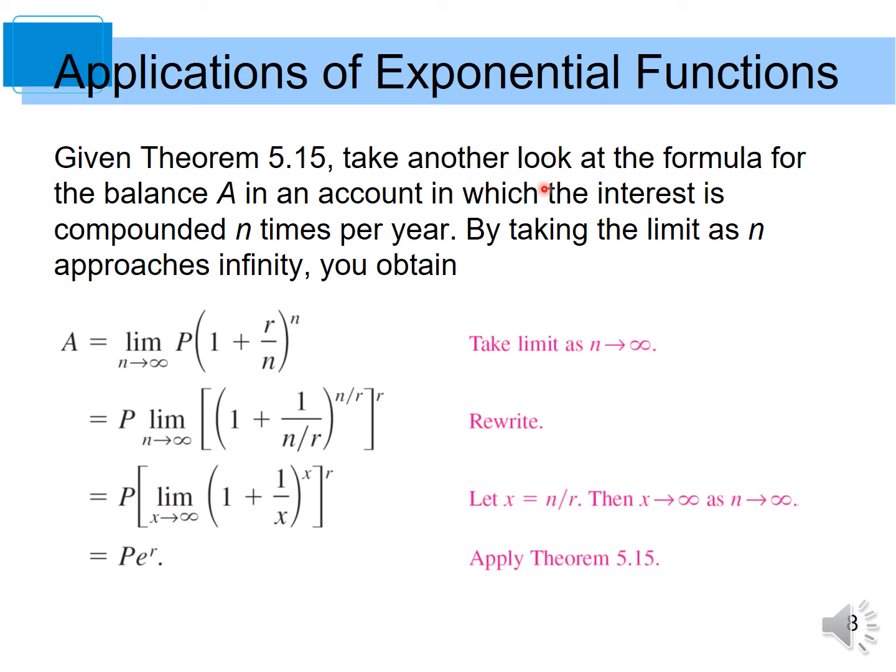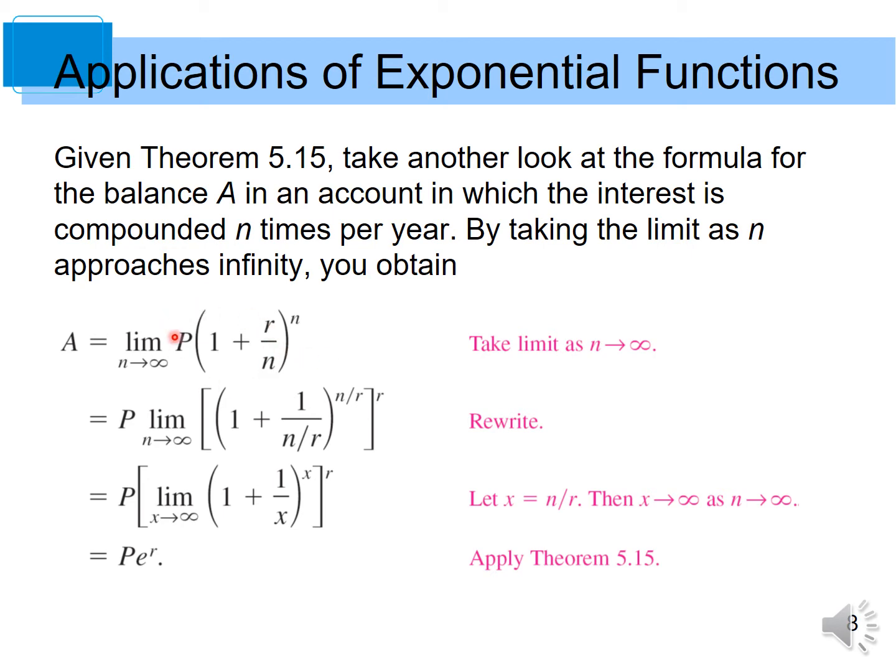Take another look at the formula for the balance A in an account in which the interest is compounded n times per year, by taking the limit as n approaches infinity, meaning that the interest is compounded an infinite number of times.